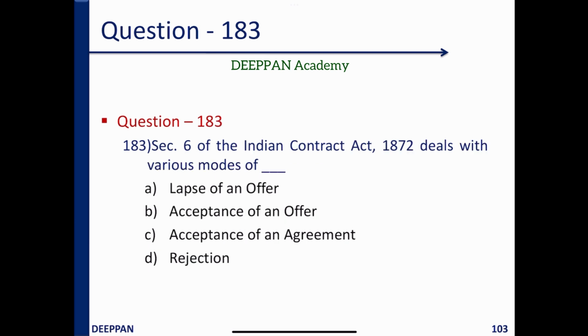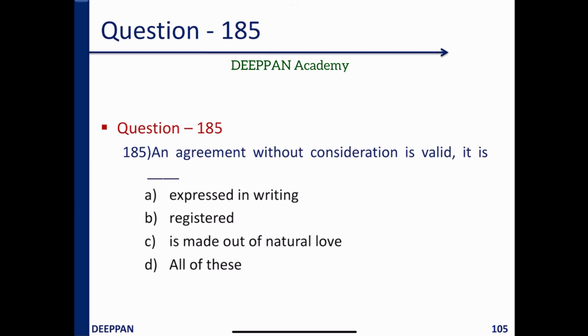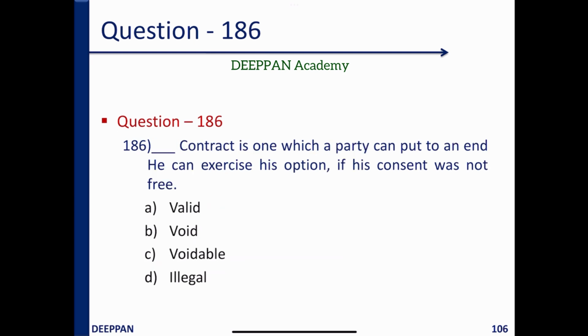Section 6 of the Indian Contract Act 1872 deals with various modes of lapse of an offer. When may an offer be revoked by the offerer? Any time before acceptance. An agreement without consideration is valid if it is expressed in writing, registered, is made out of natural love, all of this.